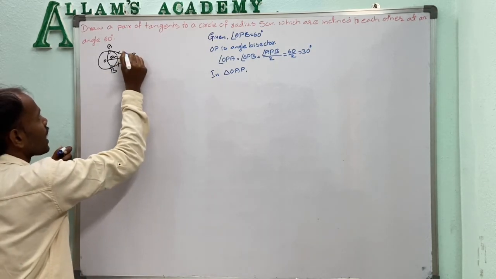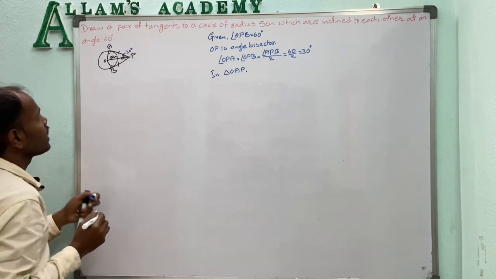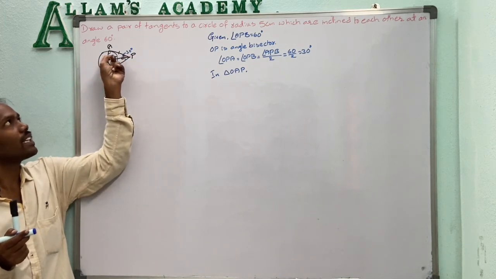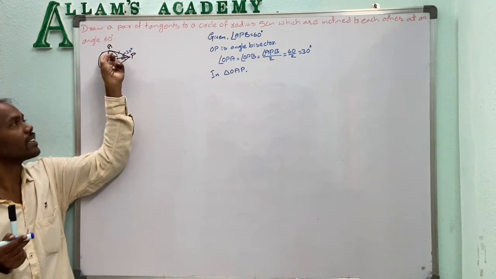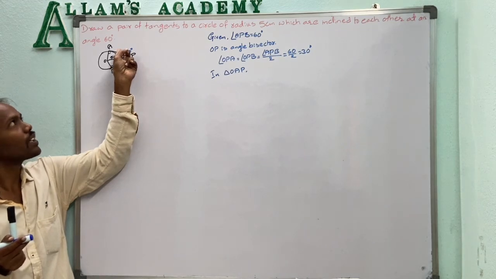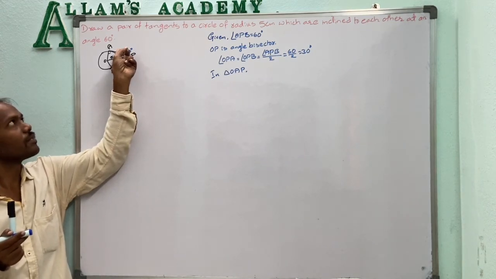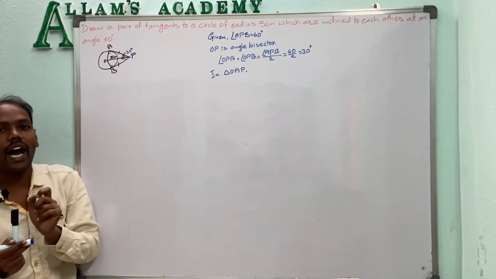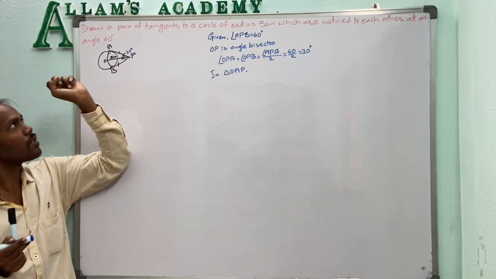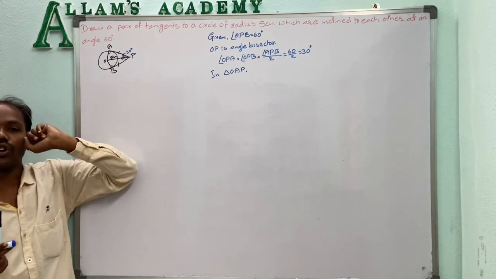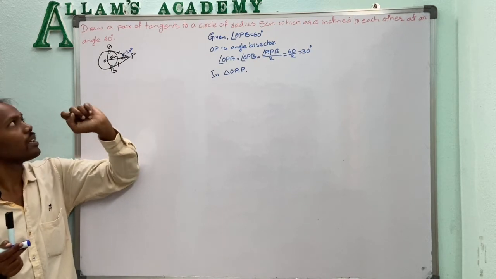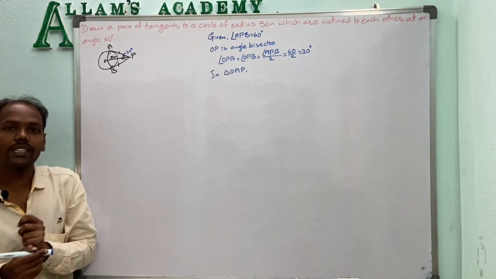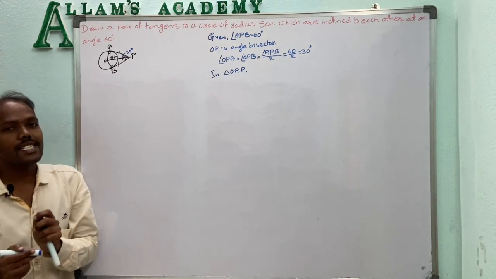To this 30 degrees, OA is the opposite side and OP is the hypotenuse. We want to find OP, the hypotenuse, so opposite by hypotenuse is the trigonometric ratio sine.